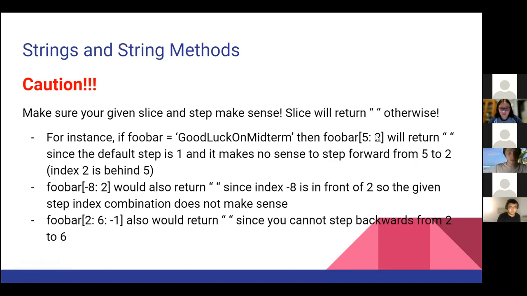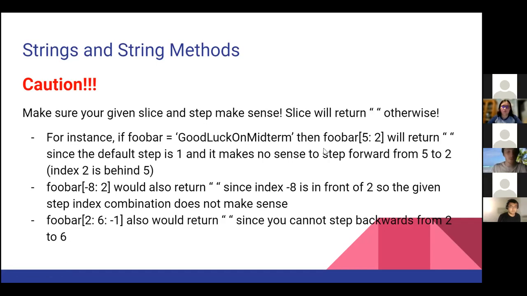-8 to 2 also would, so foobar -8 to 2 wouldn't make much sense either because again, the -8 slice will be in front of 2. Actually, this isn't always the case, but in the case of our string, it will be because we have -1, -2, -3, -4. So at -8, clearly it's above 2.